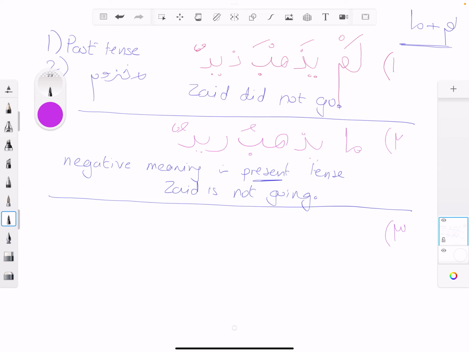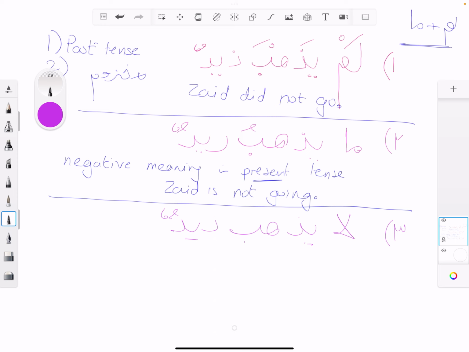Number 3. There's one more called la. La normally means no anyway in Arabic. So, la yazhabu zaydun.